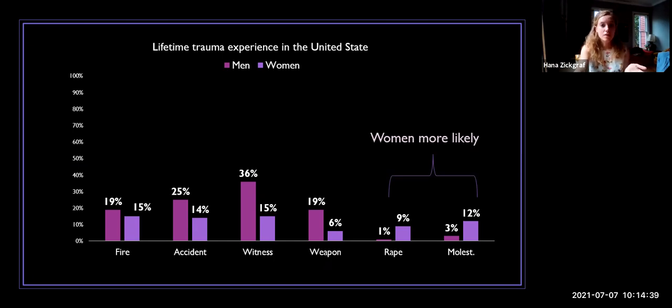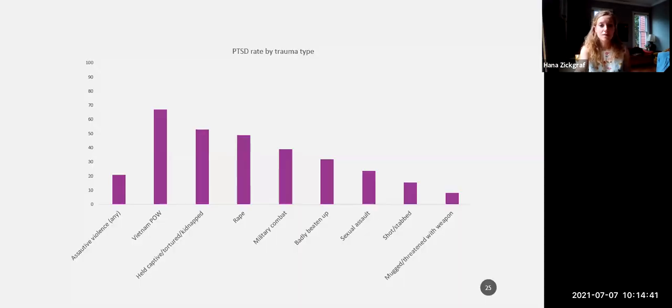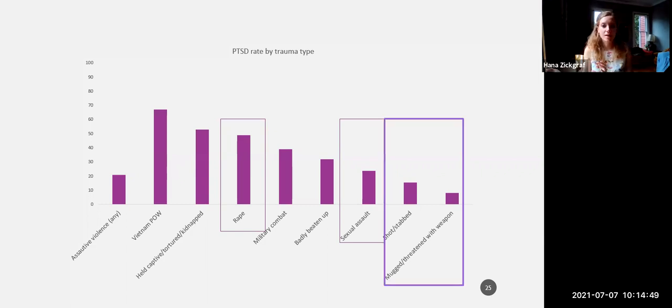Women are more likely to experience rape and sexual assault. So again, looking at this figure, rape and sexual assault are very potent index traumas that are very likely to lead to PTSD, whereas things like being shot or stabbed, being assaulted, not to say that these aren't serious events, but they are less likely to lead to PTSD.